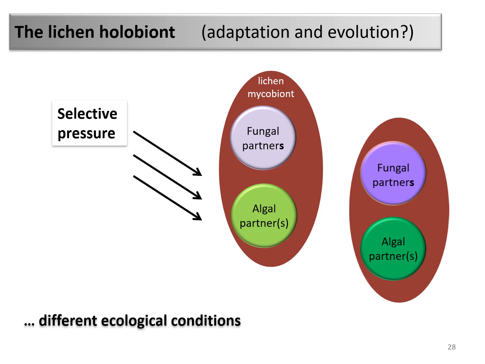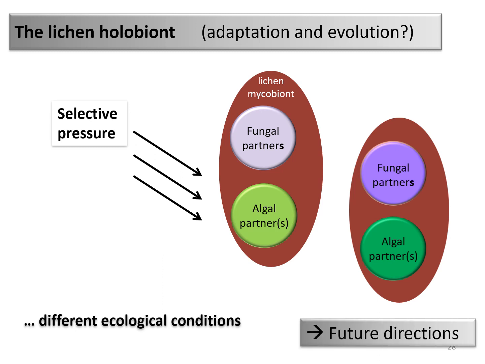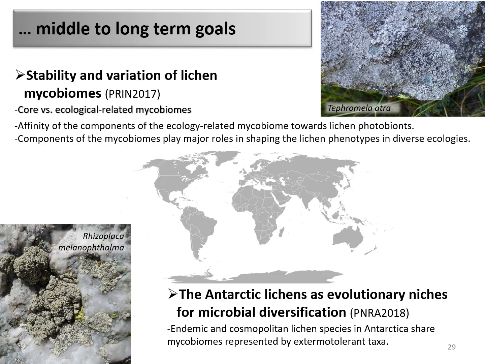But in the bacteria part, I did not go into detail. So in this case, the adaptation and evolution of the lichen itself includes also variation in the composition of all its partners hosted inside. And this is actually where we are now.